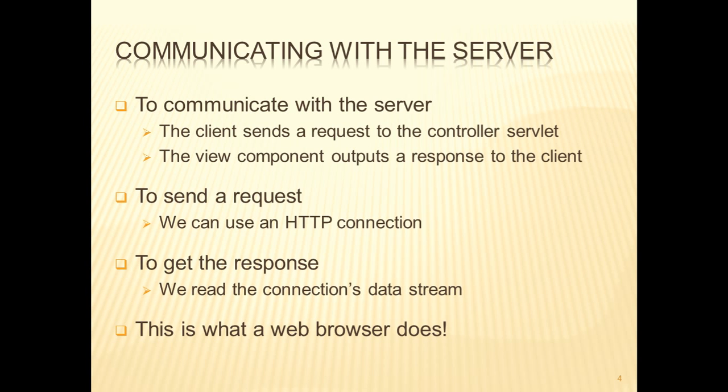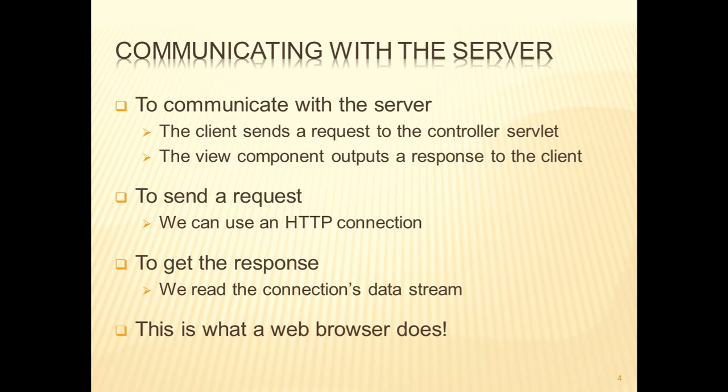Now, if the client is going to send a request, it has to be able to connect to the application. And so what we're going to do in our Java application is to make use of an HTTP connection, which of course is what the web browser does. It sets up a connection to the appropriate server on the appropriate port and passes in a request that is of the appropriate type.